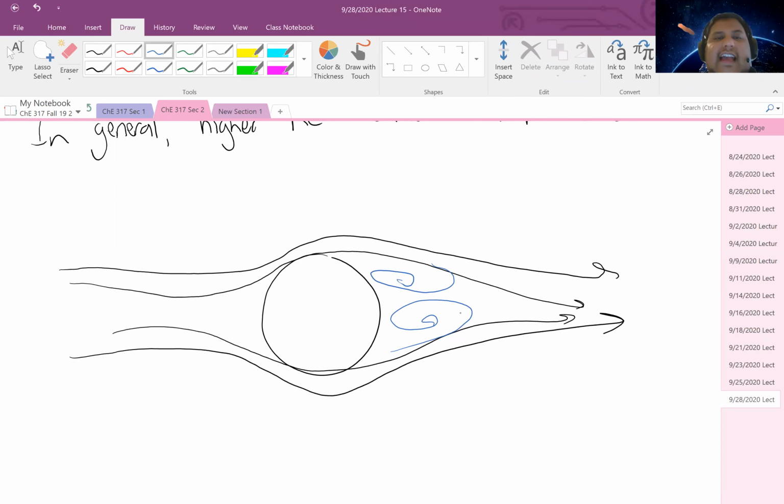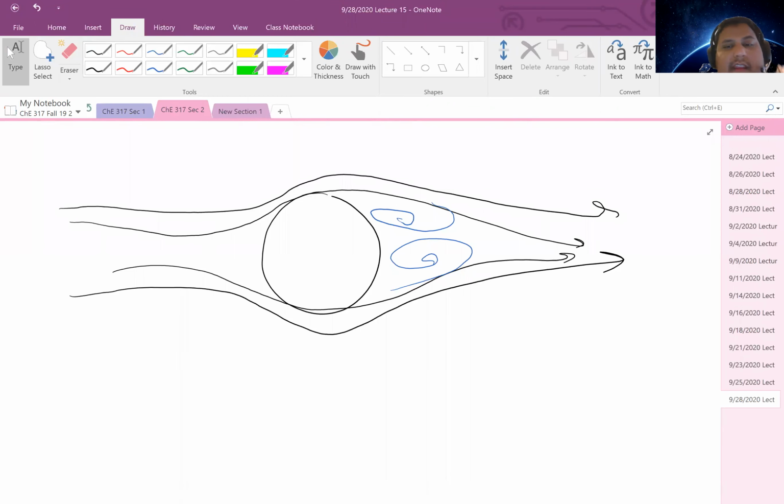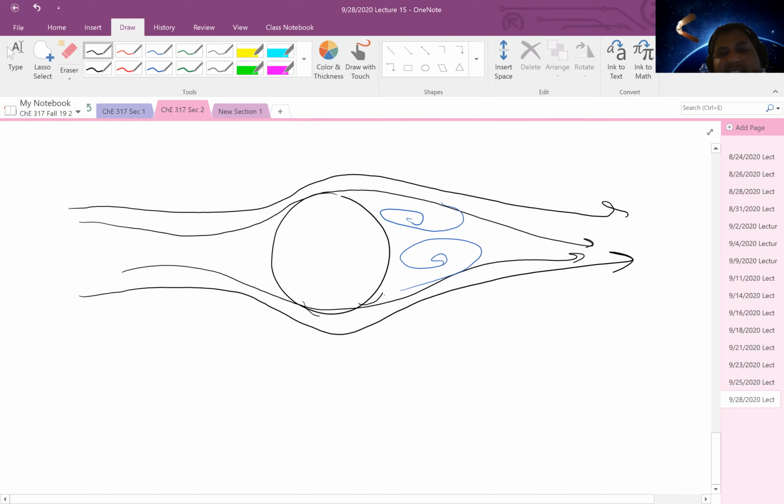However, at high enough Reynolds numbers, what you find is that you essentially get a thinning of the boundary layer due to the momentum flux that exists as the fluid moves around the object.